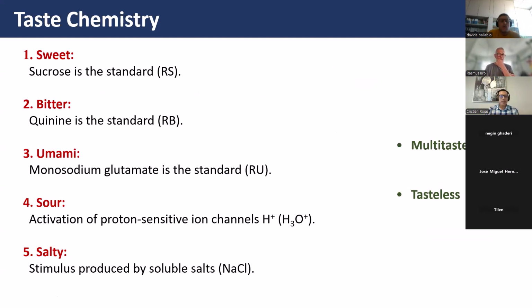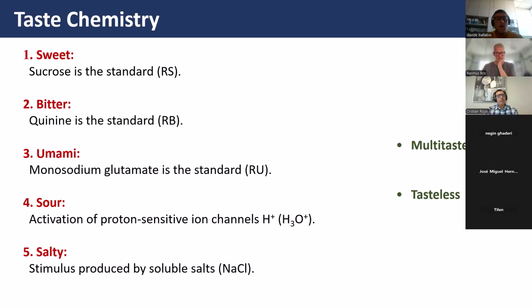In taste chemistry, molecules are classified into 5 basic tastes: sweet, bitter, umami, sour, and salty. However, there are also molecules that exhibit non-basic tastes, for instance burning, astringent, pungent, as well as other molecules that exhibit multiple tastes at the same time, which are labeled as multi-taste.